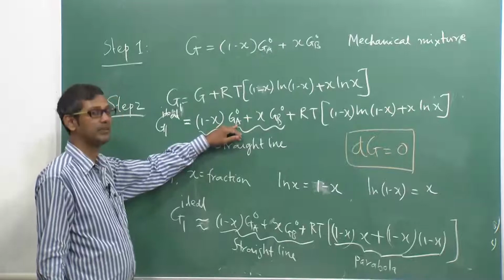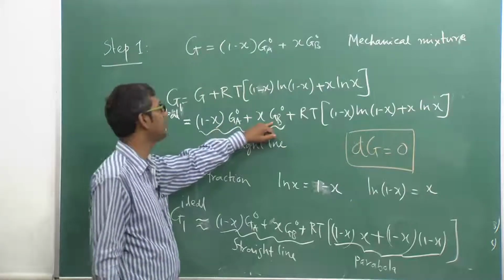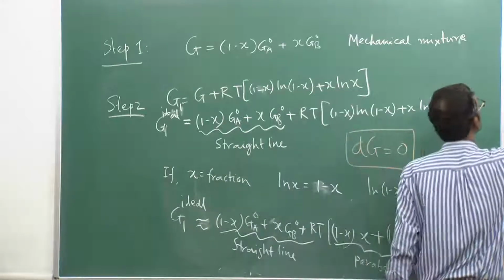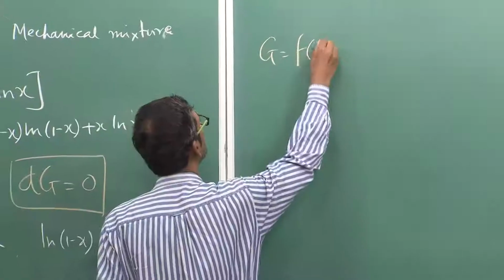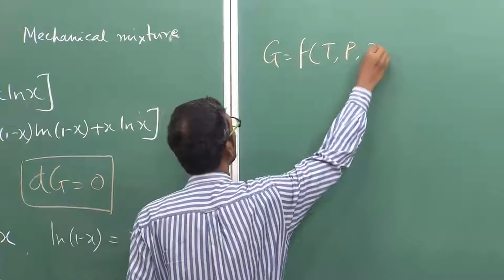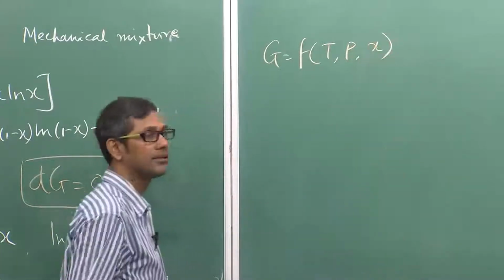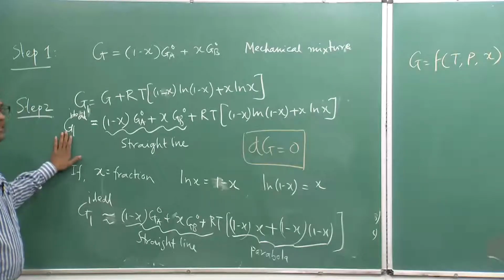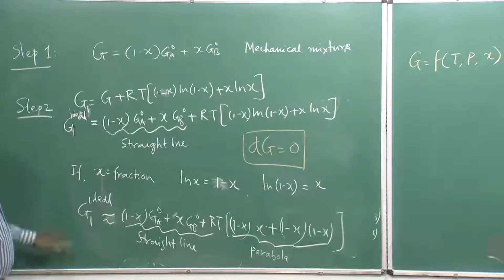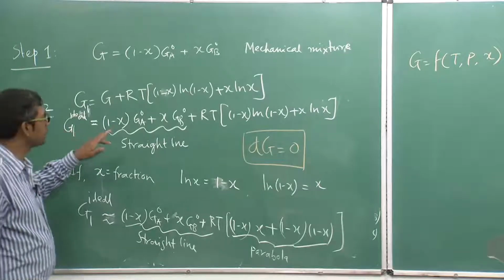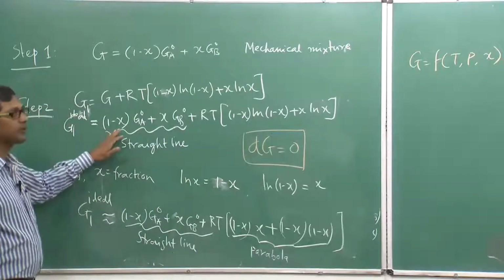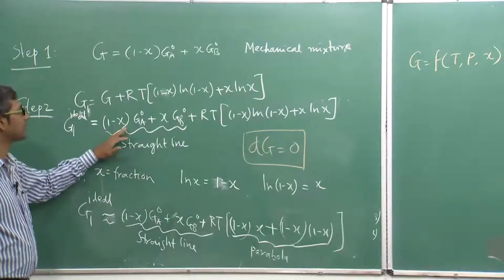Pressure will also be built in here within GA0 or GB0. So G is a function of temperature, pressure and x. Am I clear? That is the complete picture of the free energy of any solution. The free energy is a function of temperature, composition, and also of pressure.